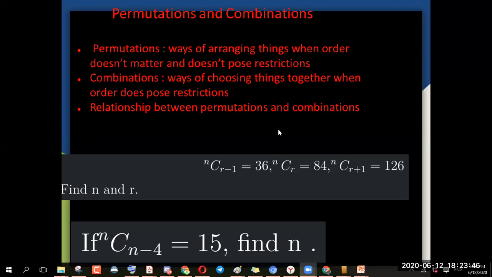So I have a couple of questions which are not based upon actual problems, but are just to get comfortable with the formulaic part.